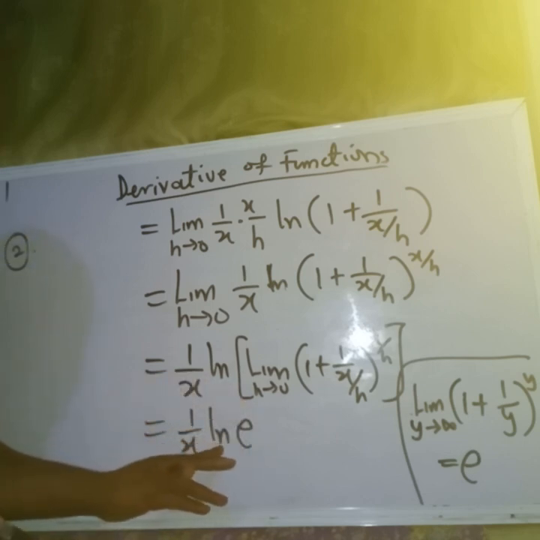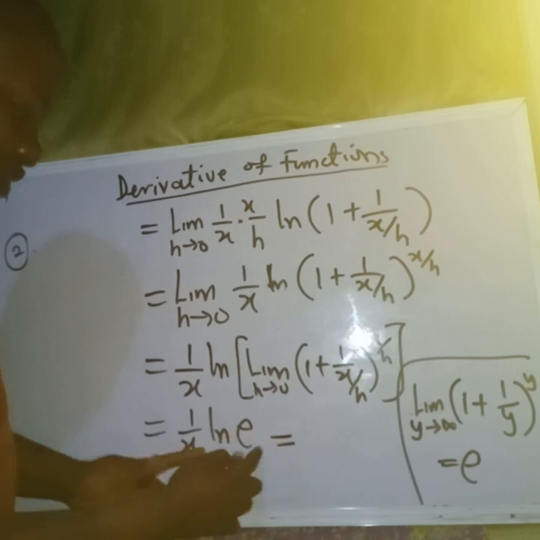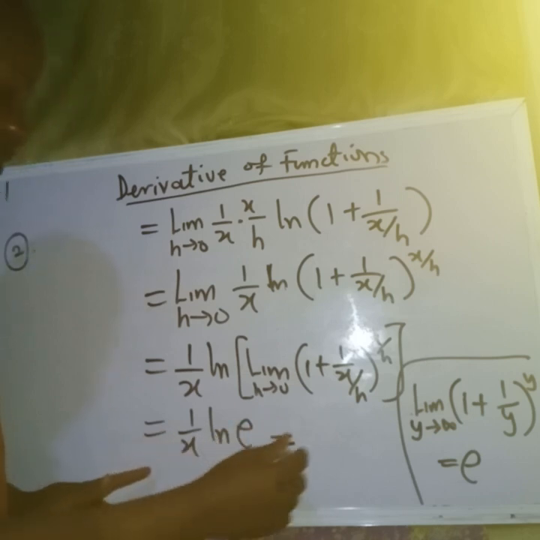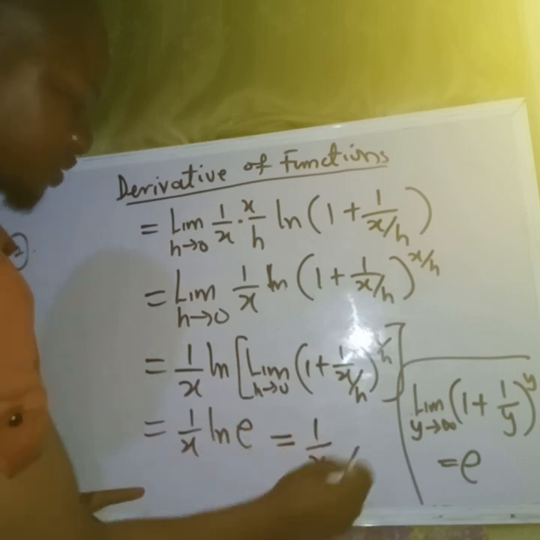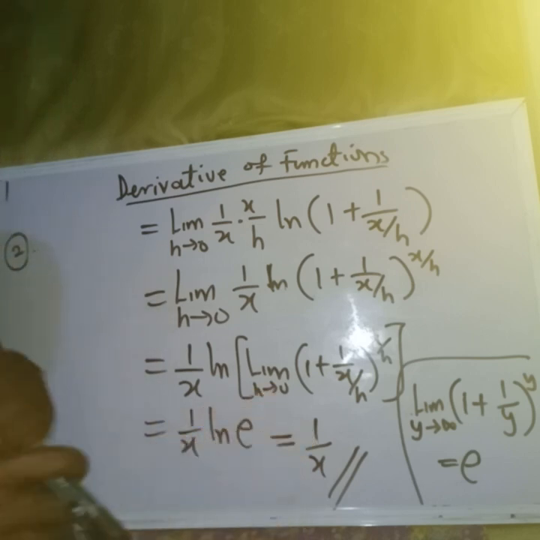Ln of an exponential is equal to 1, since this is an antilog of the natural logarithm. So 1 multiplied by 1 by x becomes 1 over x. So 1 over x is the slope of the function f of x equal to the natural logarithm of x. So that is the derivative of a natural logarithm.